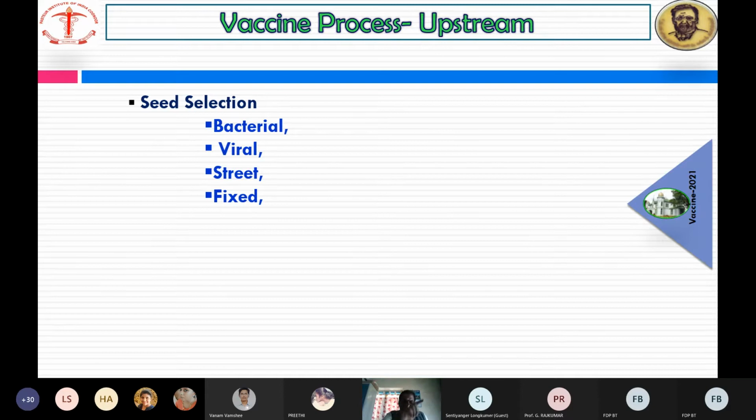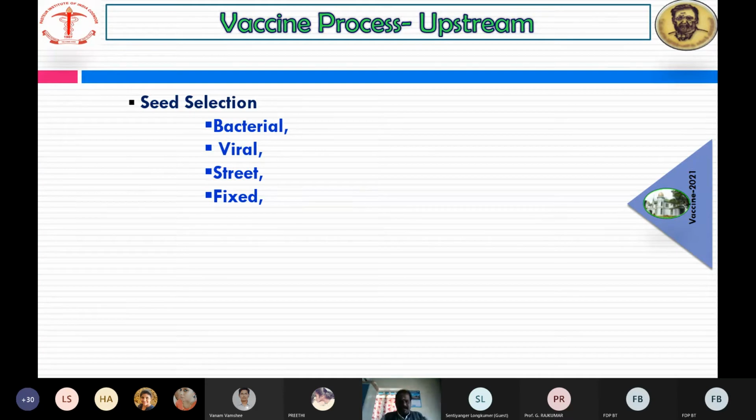Once the pathogenicity goes down, the immune response, the ability to develop neutralizing antibody, increases. In a particular passage, there is less immunogenicity with higher pathogenicity, and then less pathogenicity with higher immunogenicity. That is called a fixed virus strain. Only that fixed virus can be used for vaccine production.